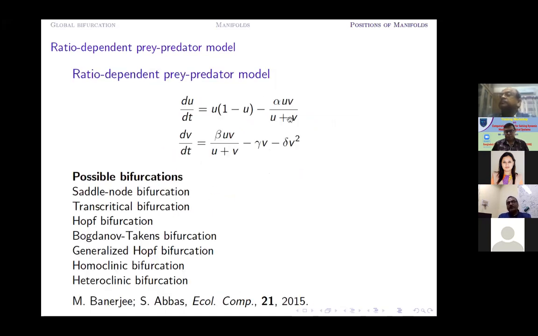Then once you calculate the components of the equilibrium point, you already know there are two possibilities, alpha greater than 1 and alpha less than 1, depending upon the shape of the nullclines.